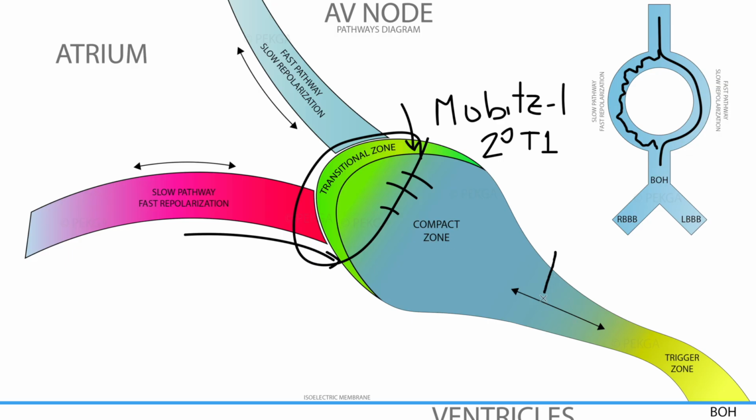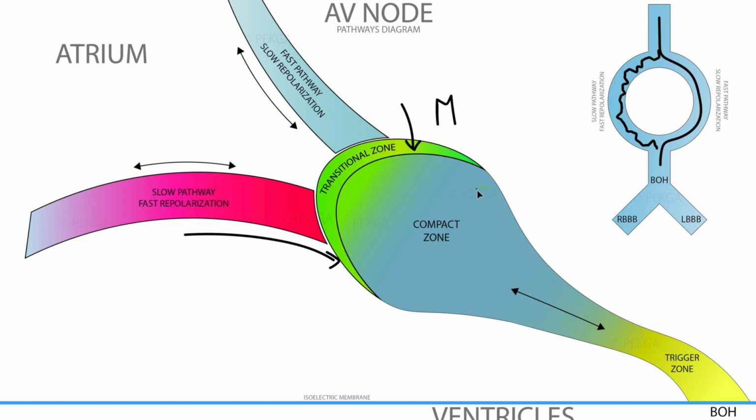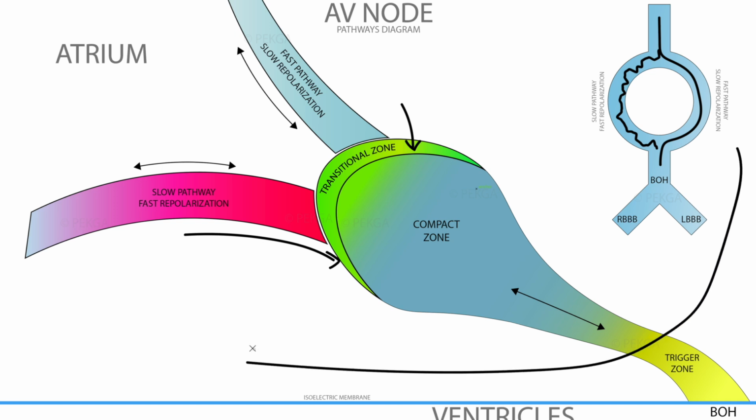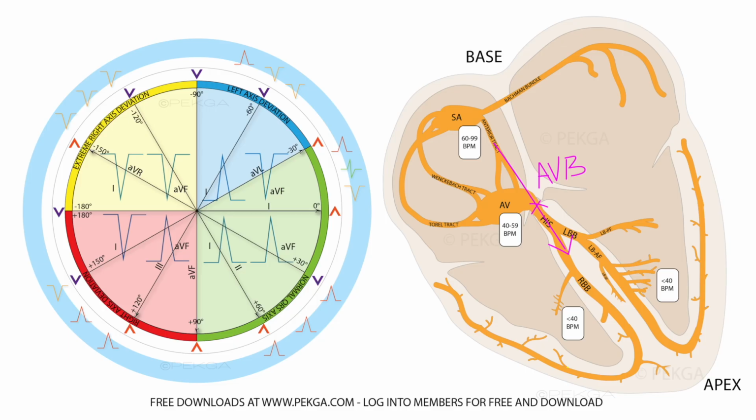However, when we get down here, let me backspace a little bit. I just want to draw. So if you can imagine, this is still your atrium. The AV node lies, let me go back here.